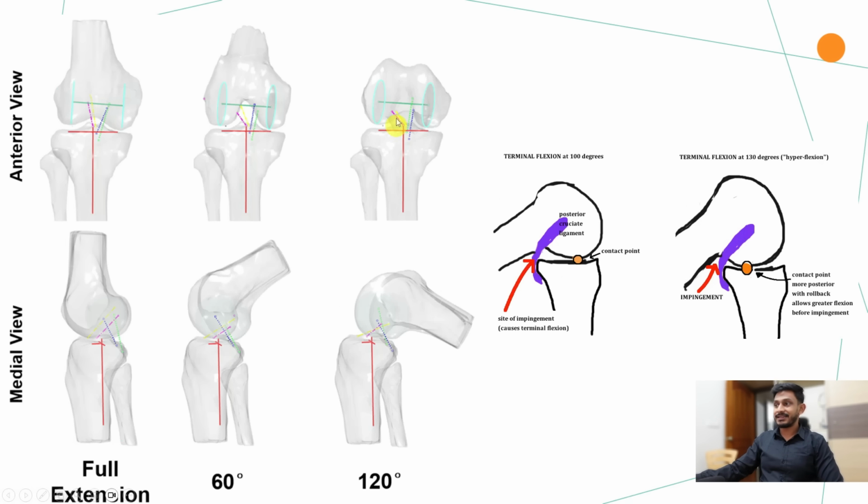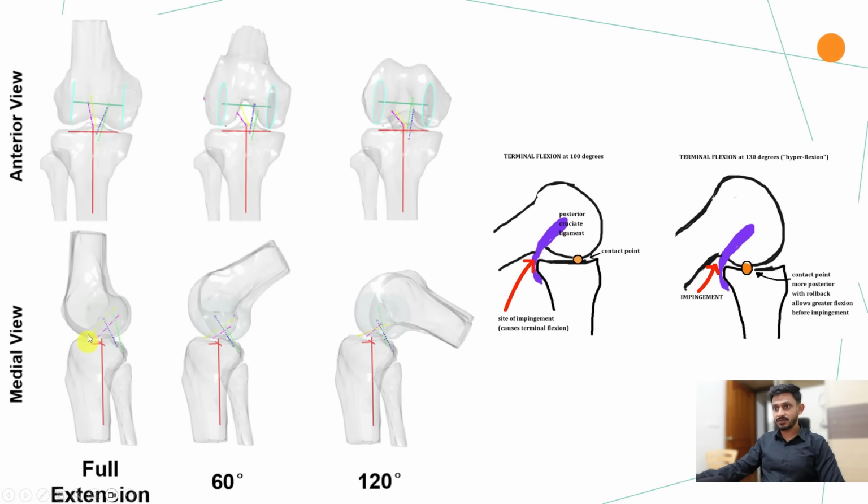Also, in extension, we can see that the contact point of the tibia and the femur is more anterior. As we flex the femur more and more, the contact point goes posteriorly because of femoral rollback. So as you can see here, in extension, the tibial and the femoral contact point is more anterior.